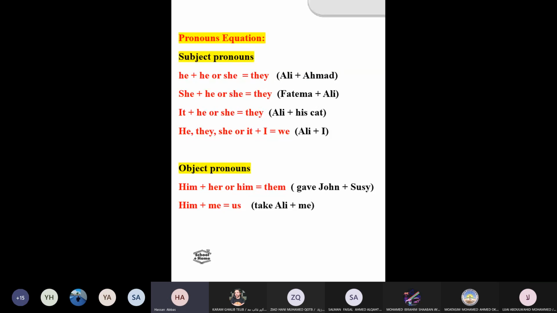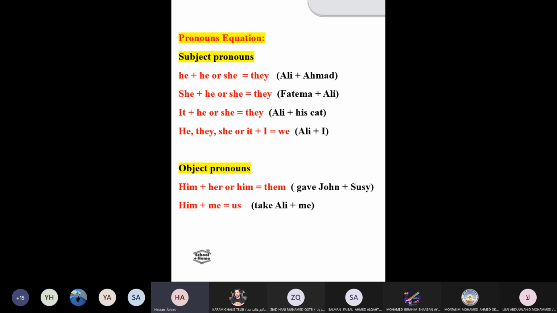He or they or she or it plus I equal we. That means Ali plus I equal we. We have an objective pronouns equation too. Him plus her or him equal them. Give John plus Susie, so that means give them. Him plus me equal us.